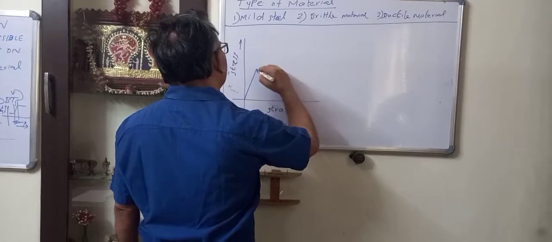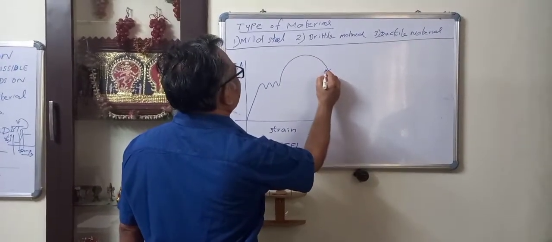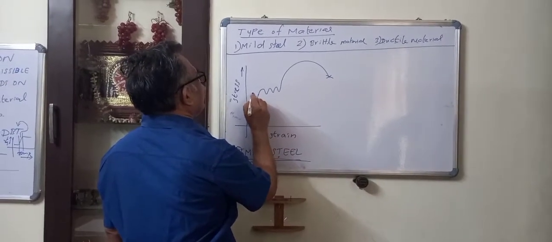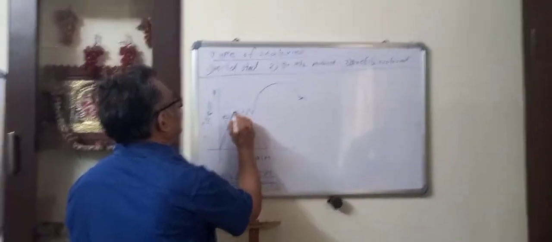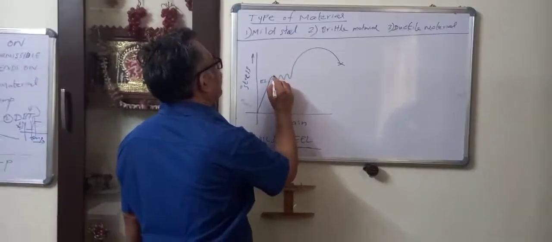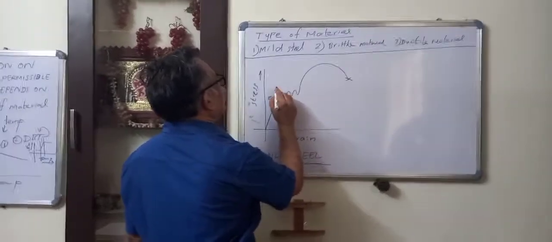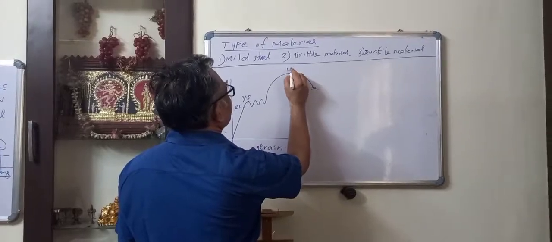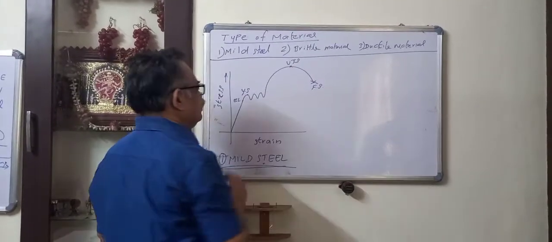Your tensile curve will go like this and break like this. Here, first of all, the elastic limit will come. Then this is your lower yield point, or lower yield strength. This is your ultimate tensile strength, and this is your fracture strength, right?